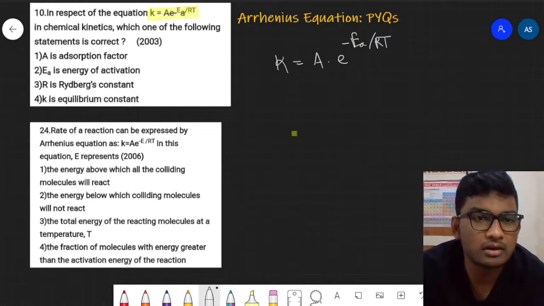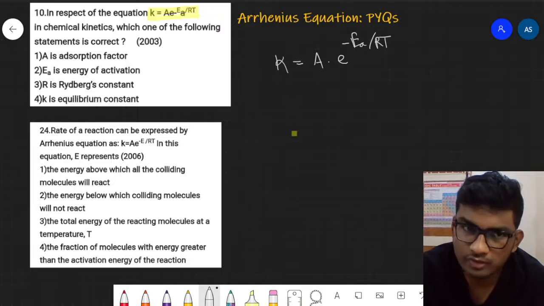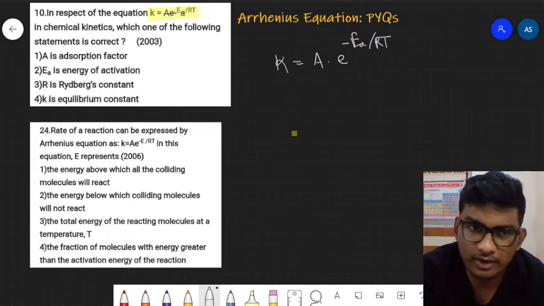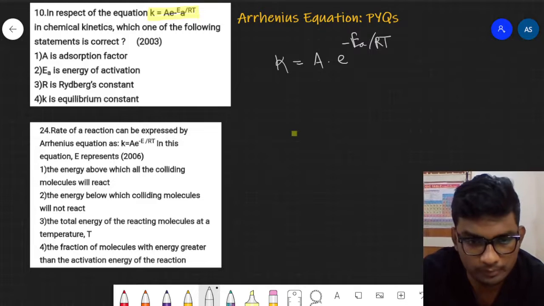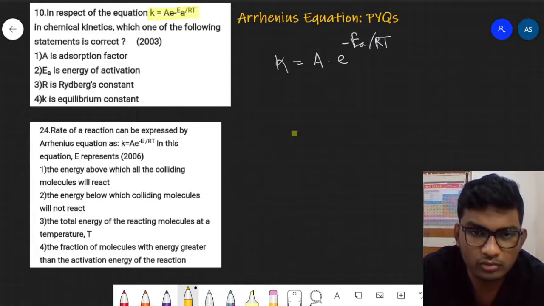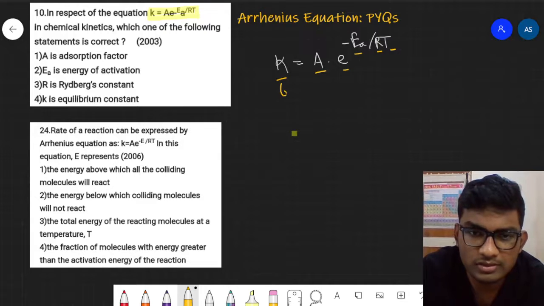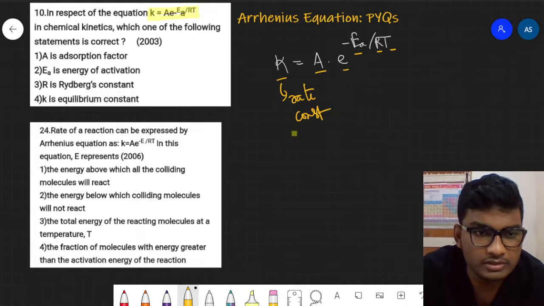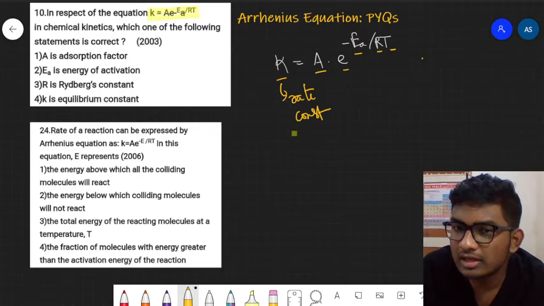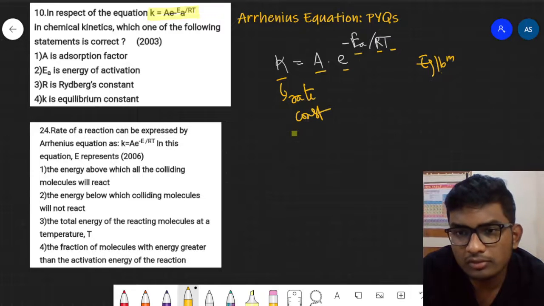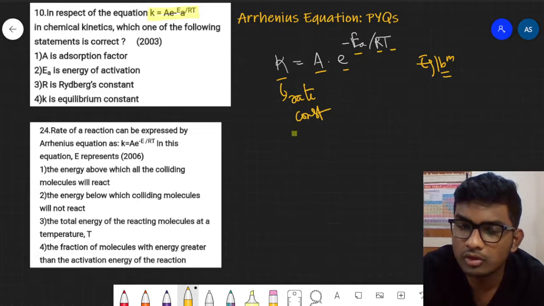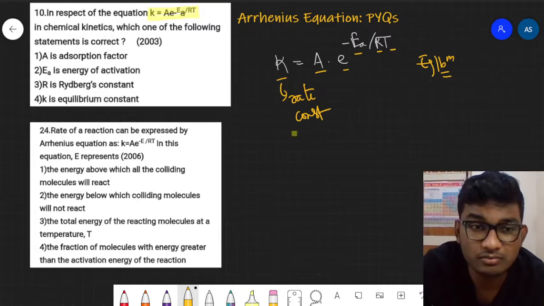It is saying that A is adsorption factor, EA is energy of activation, R is redox constant, K is equilibrium constant. So we have to know all these terminologies. K is nothing but the rate constant. In equilibrium, K is the equilibrium constant, but in chemical kinetics it has been mentioned properly.